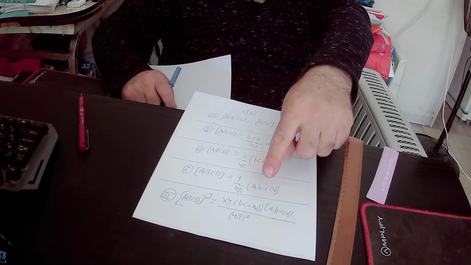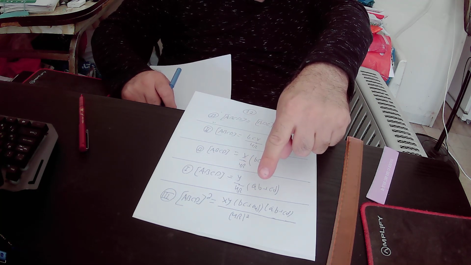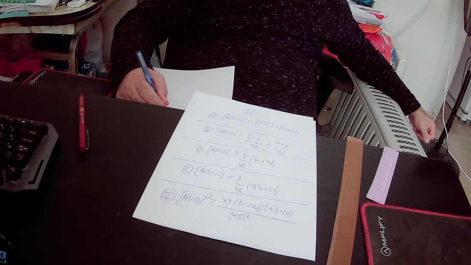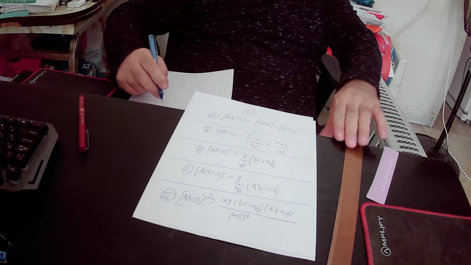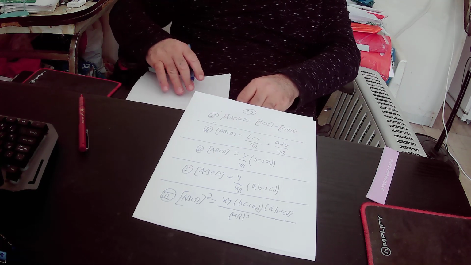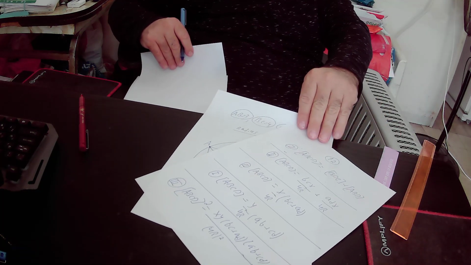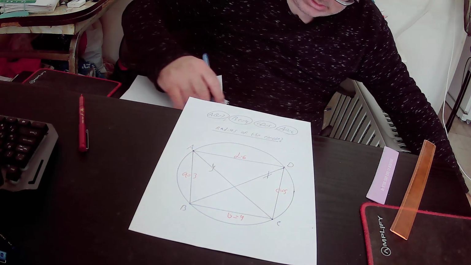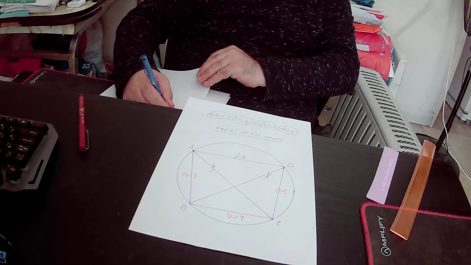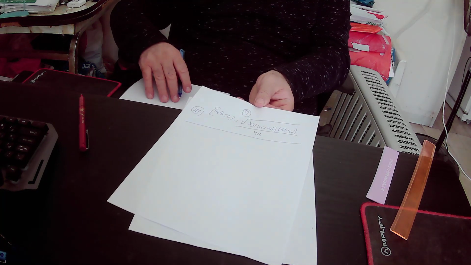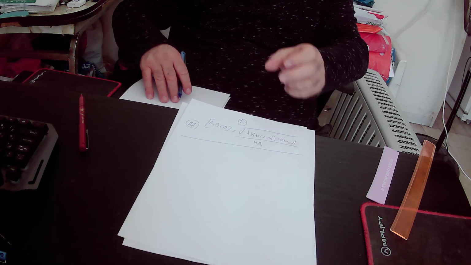We took a root out of this equation, so the root of 4R squared is 4R, because the root cancels the square, and we are left only with 4R. So after we took a root, we got this equation number 3, that the area of quadrilateral ABCD equals this expression.